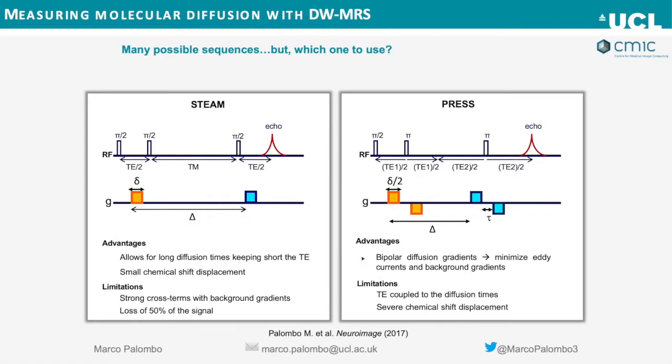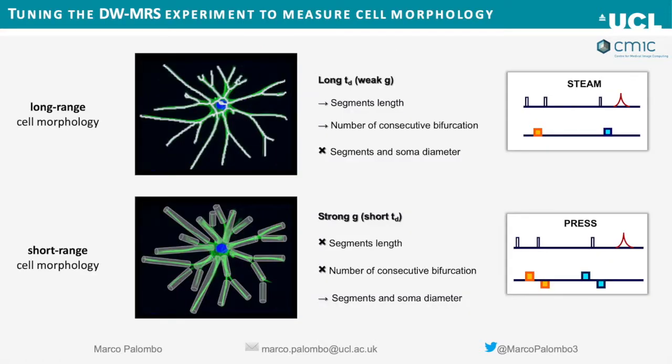But we have to remember, the SNR of a stimulated echo is half that of a spin echo. Concerning which acquisition to use for which measurement, I refer you to one of our recent reviews for further details. For now, I will just use as general guidelines a STEAM-based sequence for long diffusion time experiments and a spin echo-based sequence for medium to short diffusion time experiments.